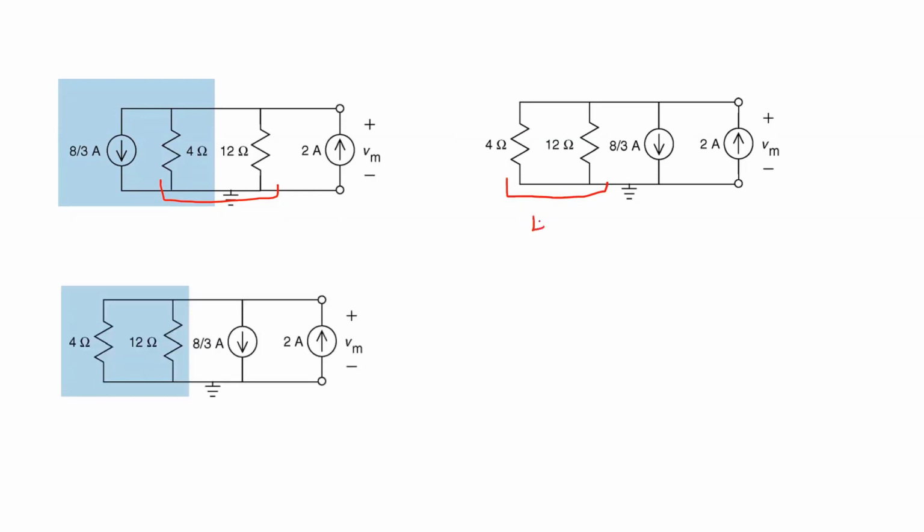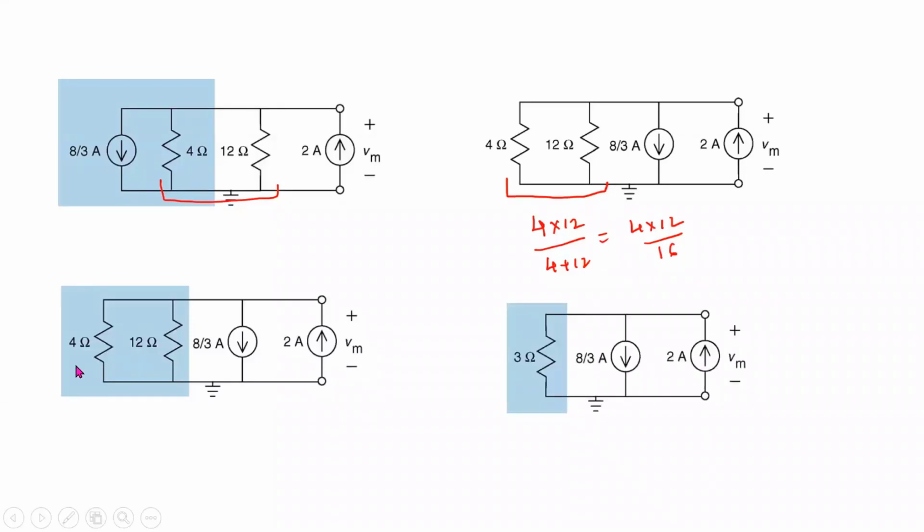Equivalent value equals 4 into 12 divided by 4 plus 12. 4 into 12 divided by 16 gives 3 as the result. So further it cannot be reduced. This is the final reduced form of the given problem.